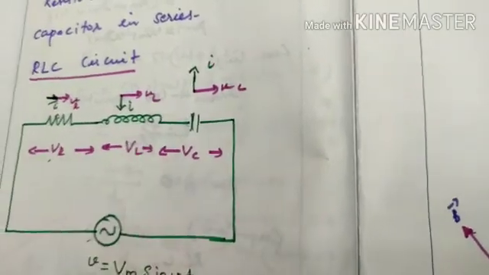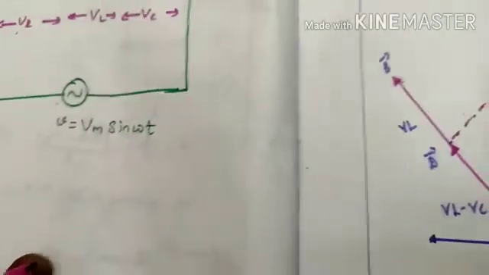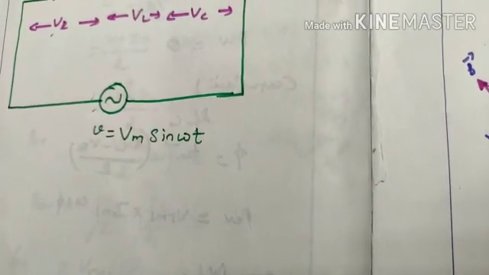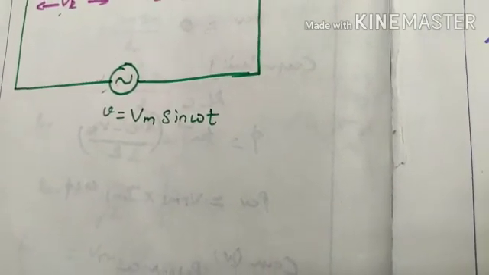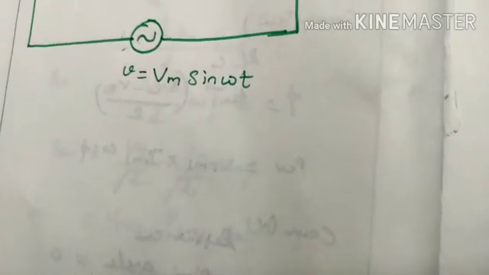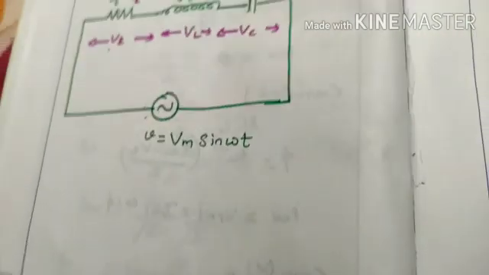They can be drawn in a single phasor diagram. We know what a phasor diagram is. A sinusoidal alternating voltage or current can be represented by a vector which rotates about the origin in the anti-clockwise direction at a constant angular velocity.